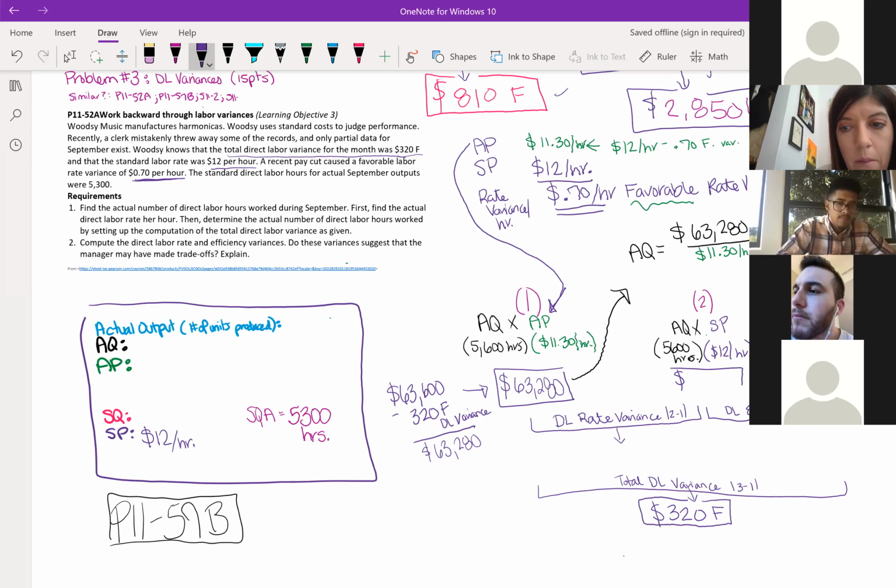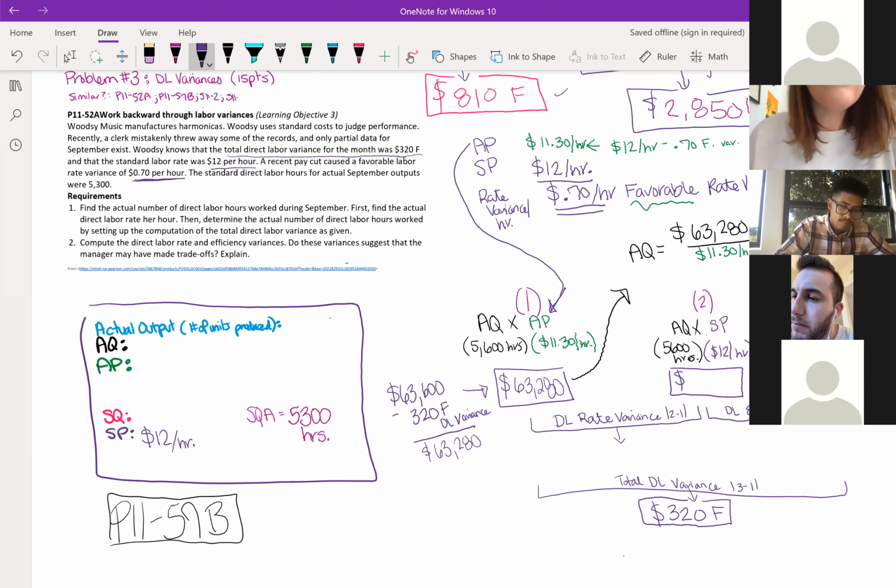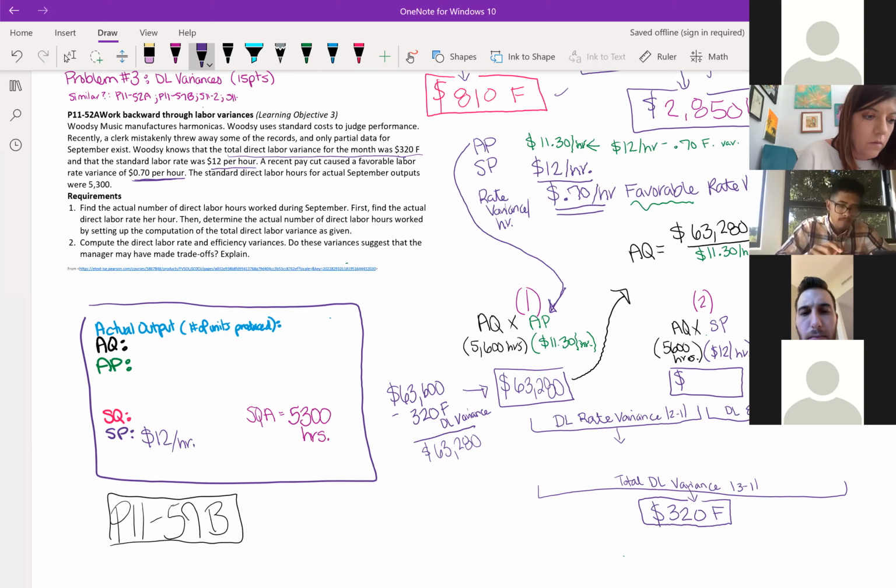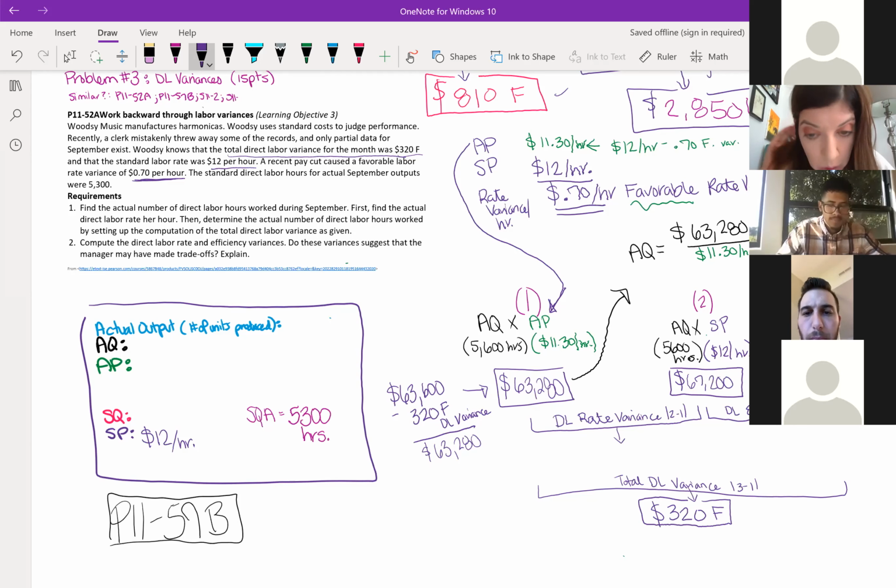And you can figure out that middle portion, right? $67,200 is how much you should have paid for those actual hours.